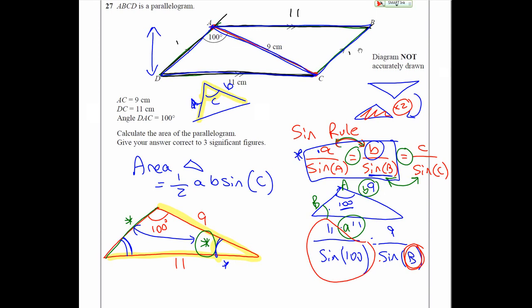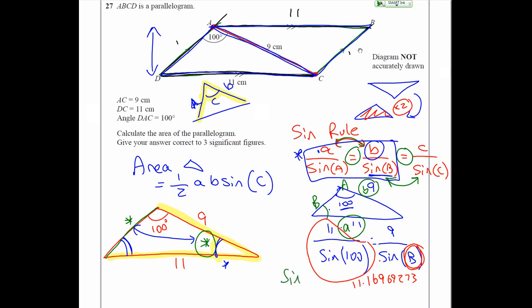So 11 divided by sine of 100 is going to be 11.169699273. You could store that in your calculator. We're going to divide by that and times it by sine B.